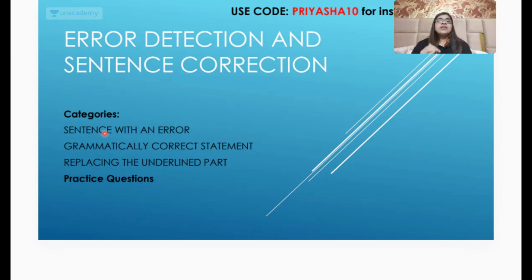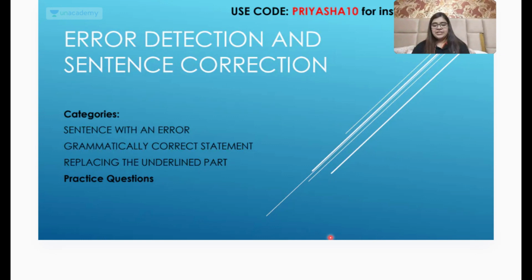Rephrasing skills means what? If I say that I am going to the market today, what are the various ways in which I can write this sentence? I am thinking of visiting the market today. Things like that. This is rephrasing. So what is the proper rephrasing? We will do that in the replace-the-underlined-part section. We'll do some practice questions in all of them.